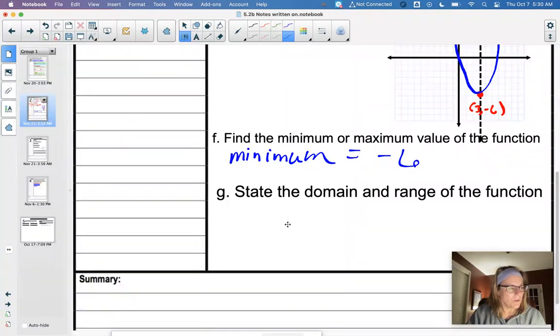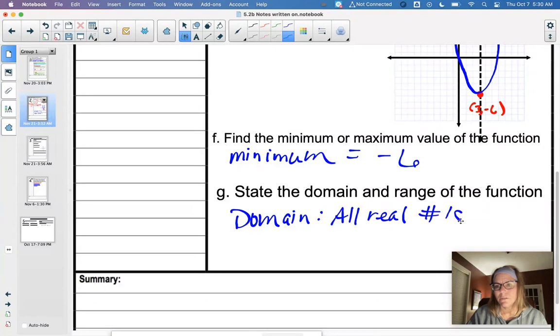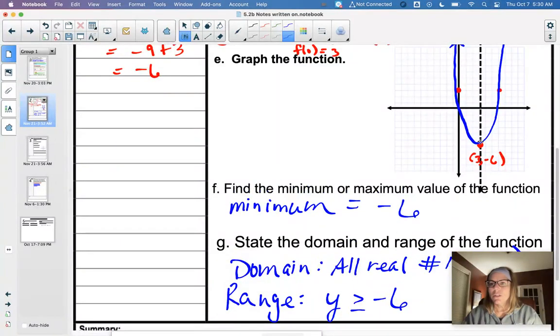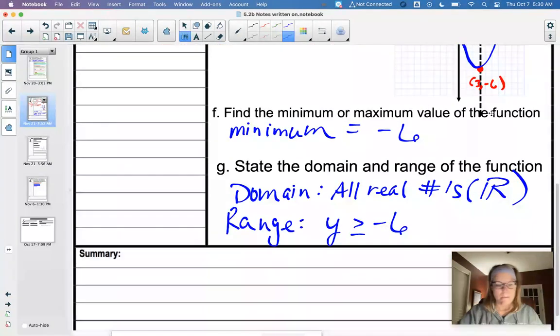It just wants the y value. Domain and range. Domain, we already said, is all real numbers. And the range, y, is going to be greater than or equal to -6, because the lowest, remember minimum, the lowest y can be is -6, and all the other y values are bigger.